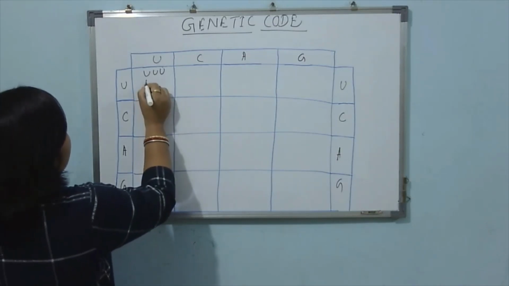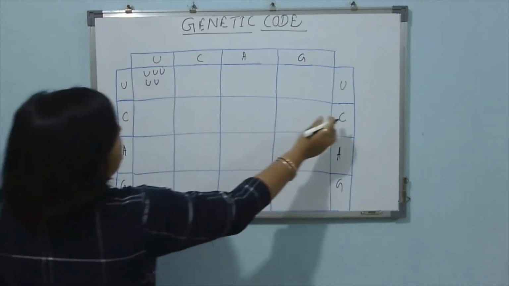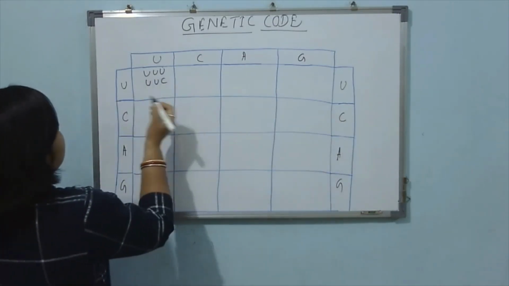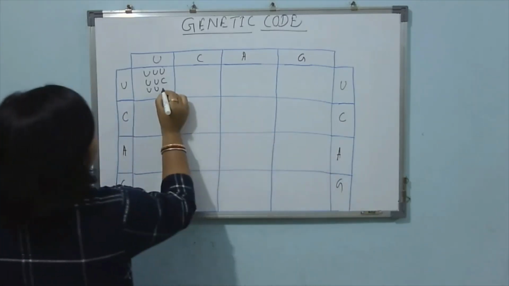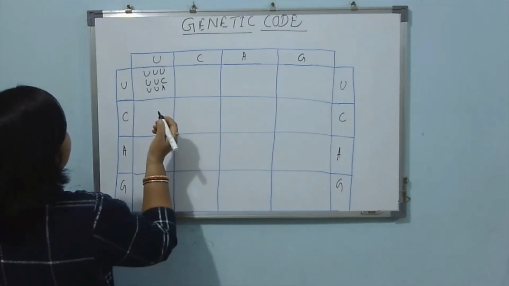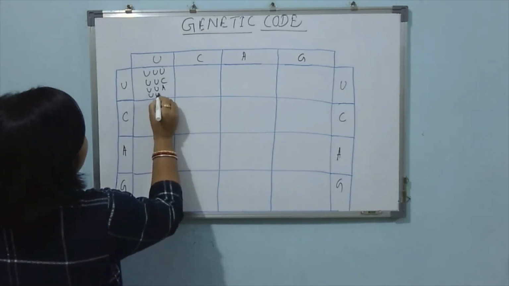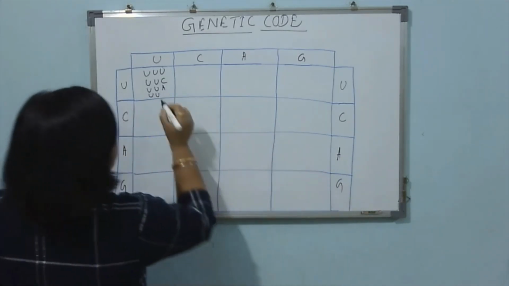Second will be UUC. Third will be UUA. Fourth will be UUG.